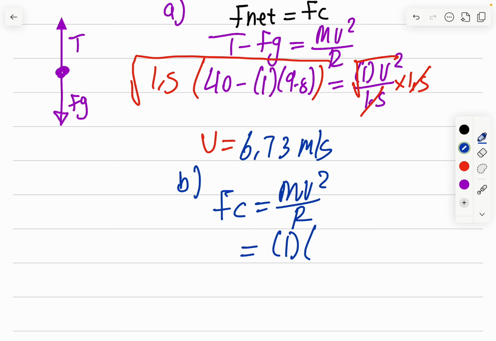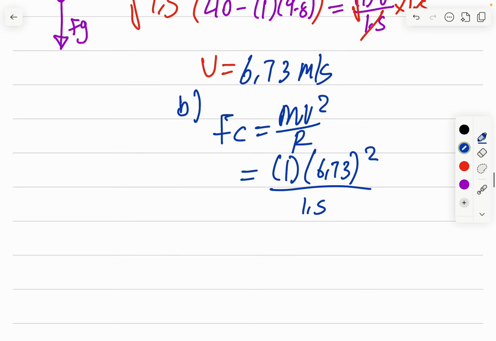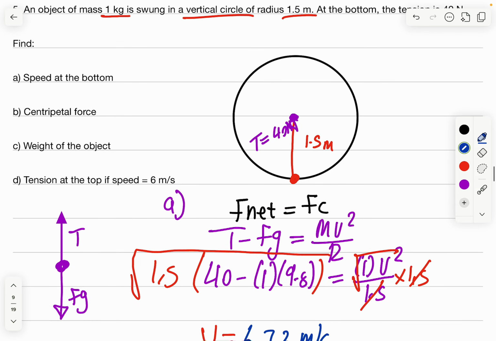The velocity is 6.73, all squared, divided by the radius, which is 1.5. If they ask us to calculate the centripetal acceleration, you will see it will be equal to the centripetal force because the mass is 1. Your answer is going to be 30.2 newtons.